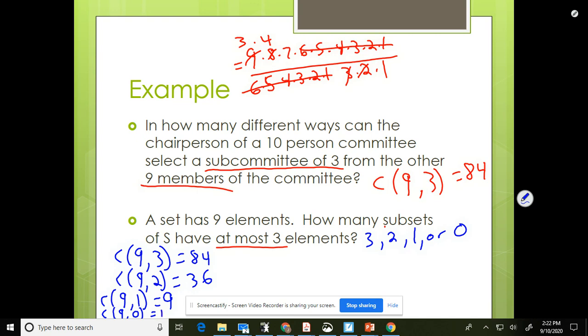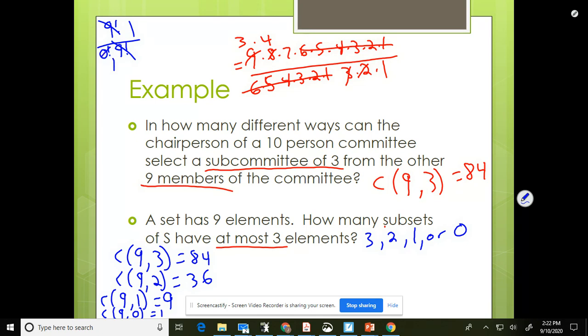So there's one way to pick the empty set. Okay. The 9 choose 0, why that works, so that would be 9 factorial over 0 factorial times 9 factorial. If we plug it into the formula, those cancel. That's 1. 0 factorial, if you remember from last section, is just 1, so that's why it equals 1.